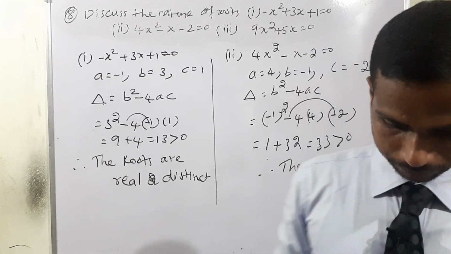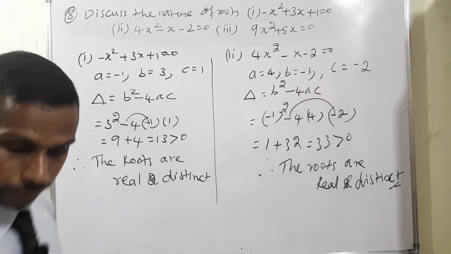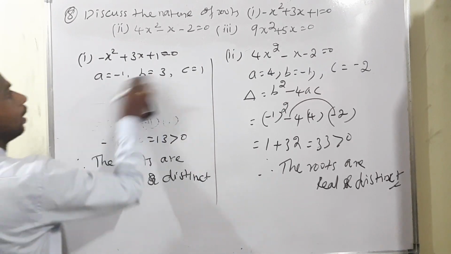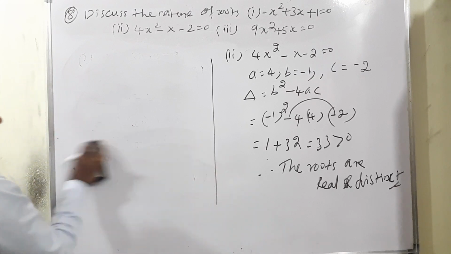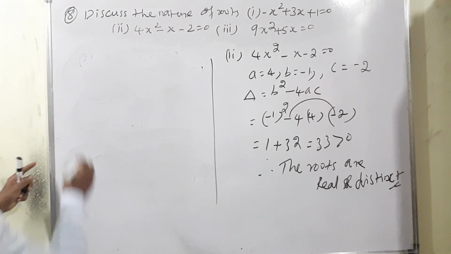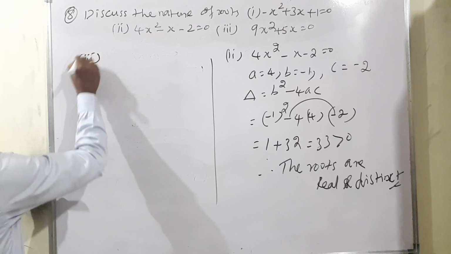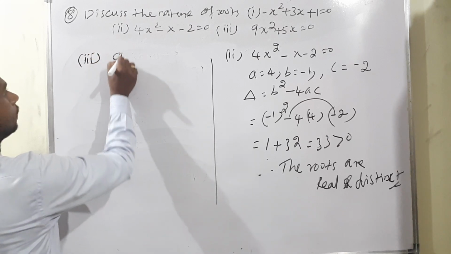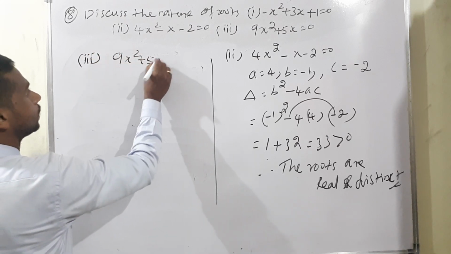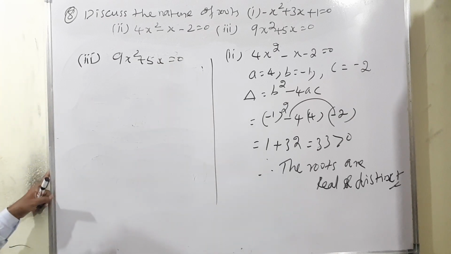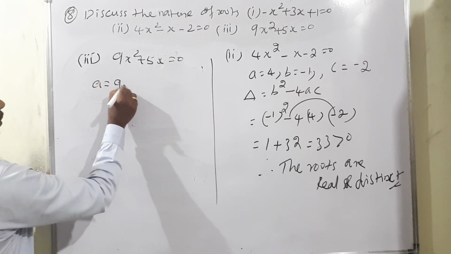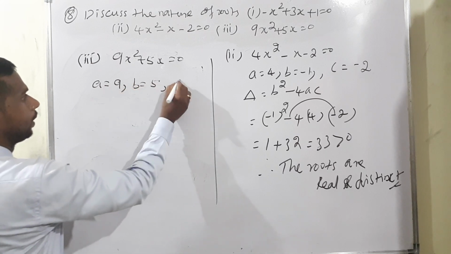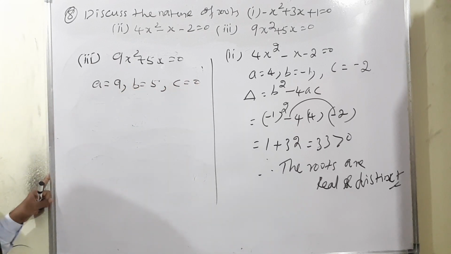Third one, condition 9x square plus 5x is equal to 0. There is no constant, there is nothing. Therefore, a is equal to 9 and b is equal to 5, constant consider 0.